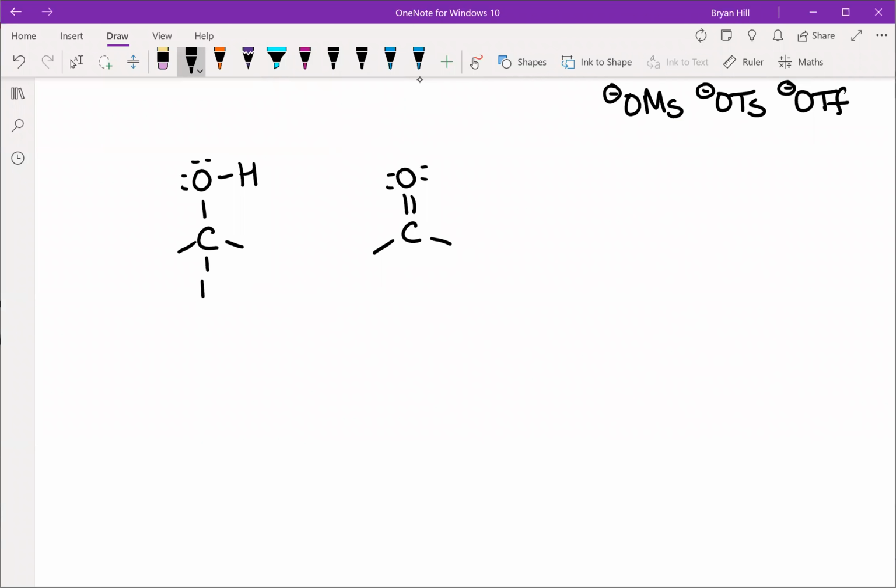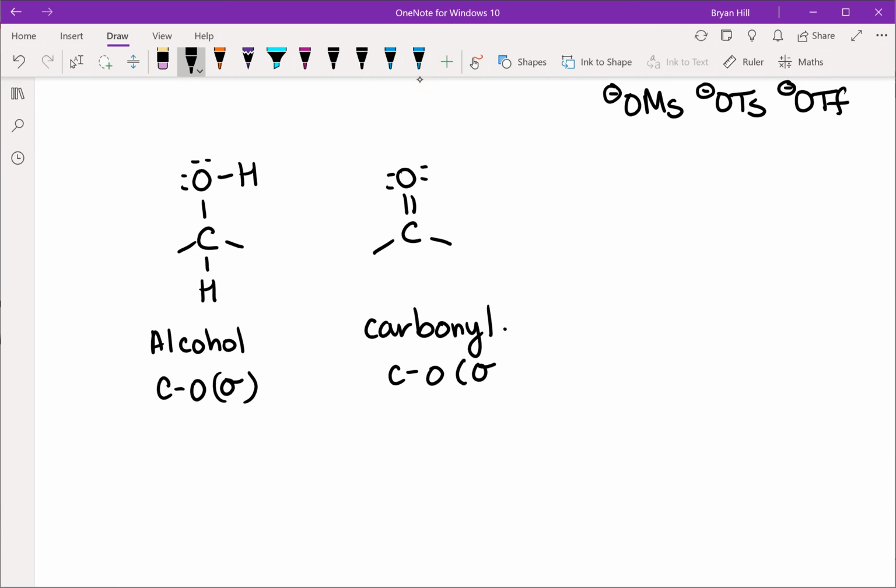So let's call this alcohol. In an alcohol, we basically have a carbon-oxygen sigma bond. And for the carbonyl, you have a carbon-oxygen sigma bond and a carbon-oxygen pi bond. So conceivably you should be able to convert one to the other and vice versa.